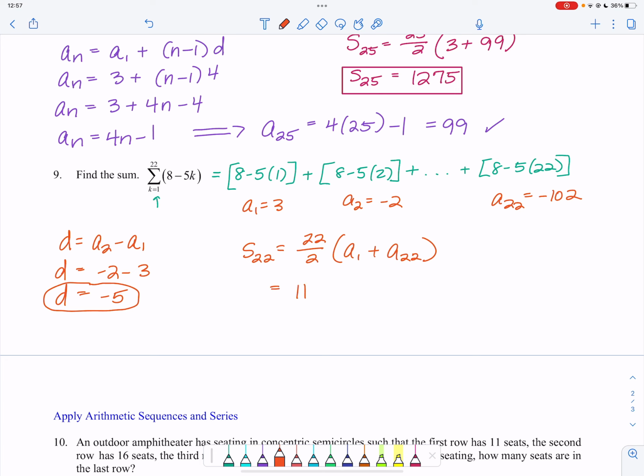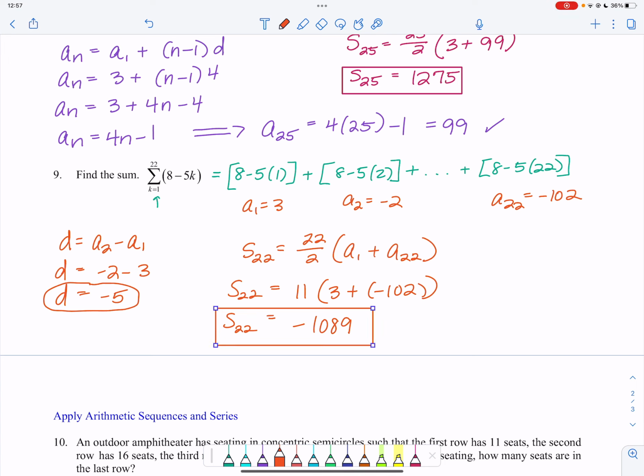So we have 11 times 3 plus a negative 102. And if you work that out, you will have negative 1089. So these are kind of fun to work with. Just a couple formulas and pretty straightforward after that.